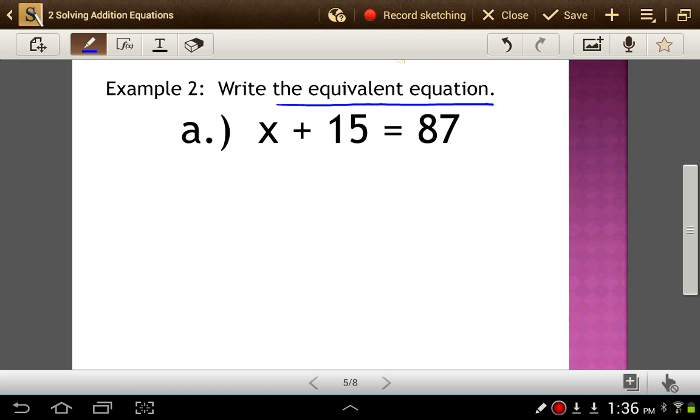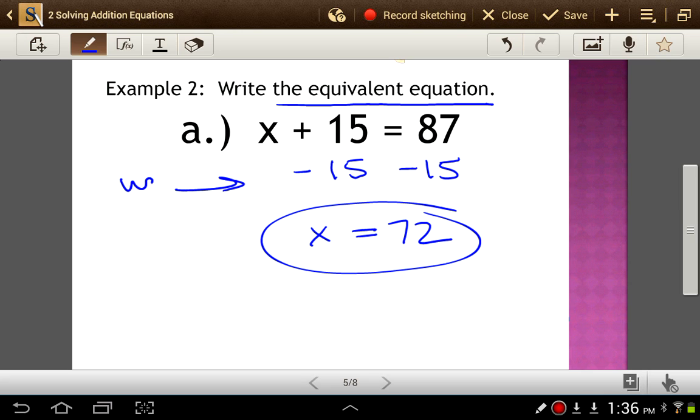I'll write it underneath my plus 15. 15 minus 15 is 0, so that leaves me with x on the left side. On the right side, 87 minus 15 is 72. There's my work, there's my answer. Make sure you have work and answer for every problem where I ask you to write the equivalent equation. If you need to pause, go ahead.